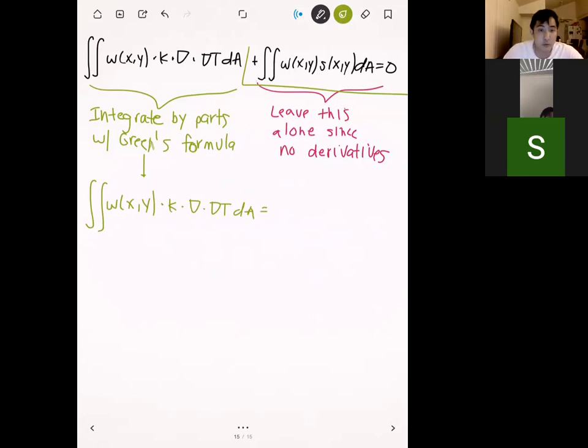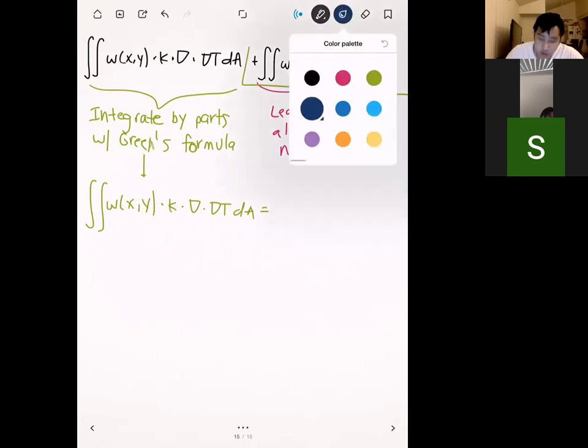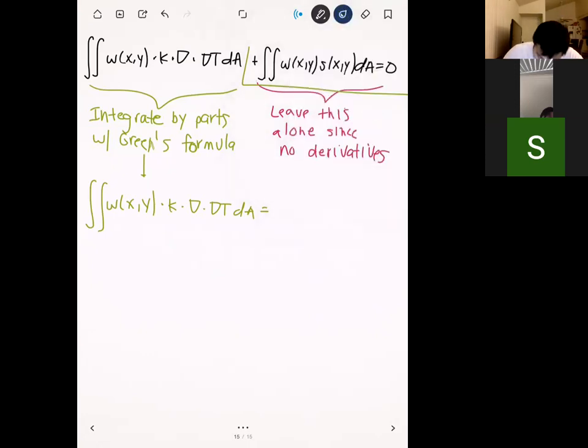And then by Green's formula, we're going to break this up into two integrals. The first integral here is going to be a line integral over the boundary. And so that's going to be an integral with a circle, W k times the gradient of T dot product with n, ds.